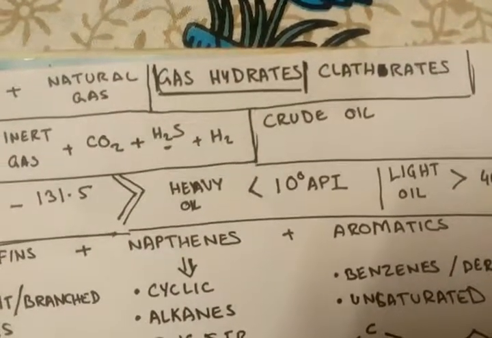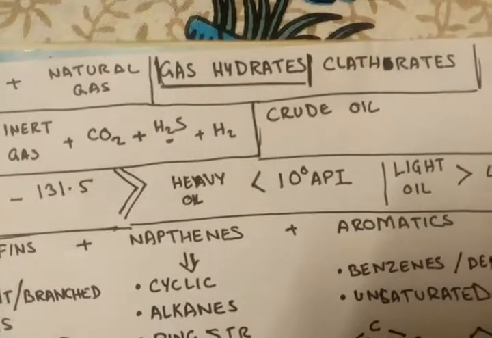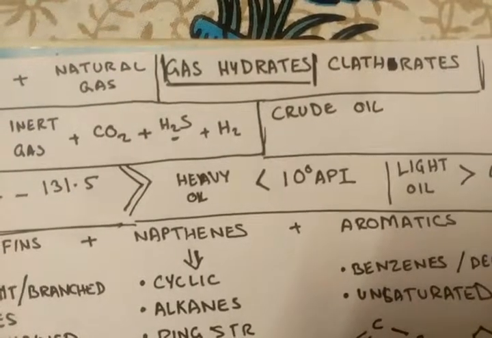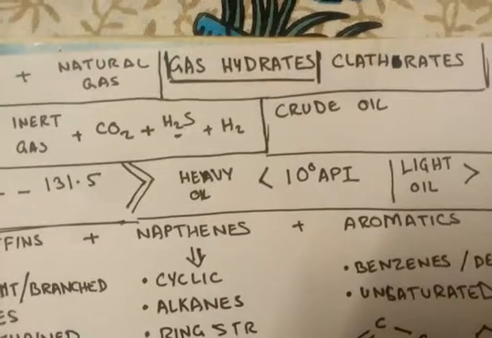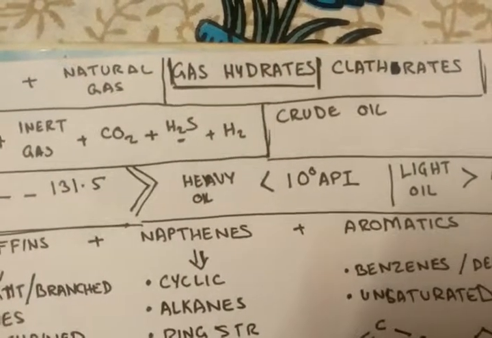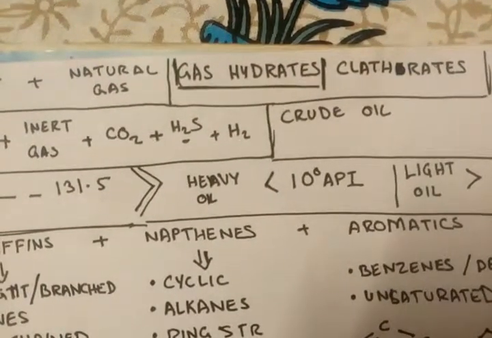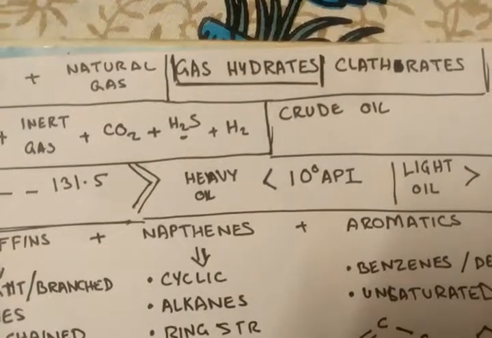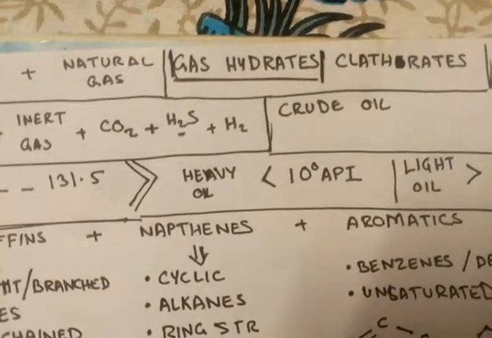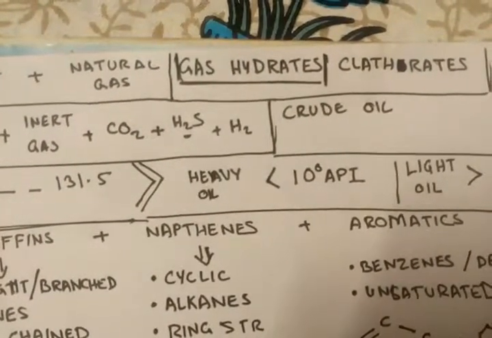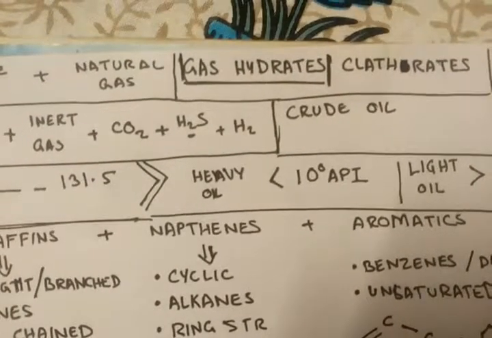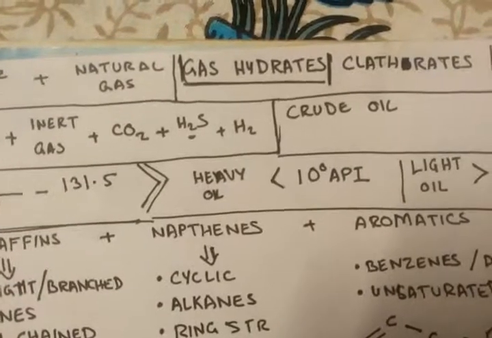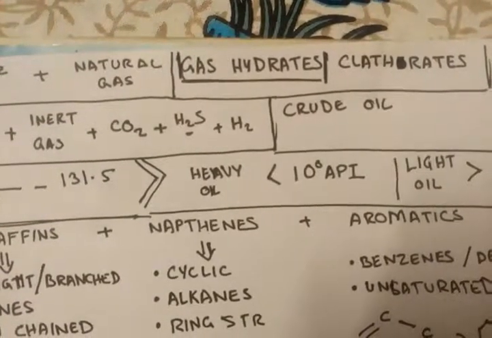Unfortunately, we cannot exploit those resources, because as we try to extract the gas, the ice melts and the gas escapes. We do not have sufficient technology right now to extract gas hydrates. They are mainly found in Alaska and Siberian areas, the Arctic areas. So that's about gas hydrates.